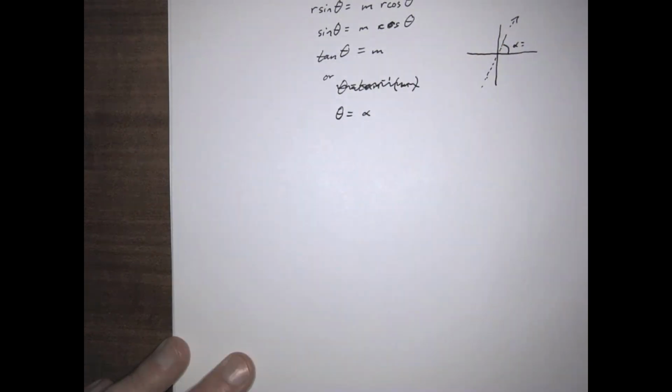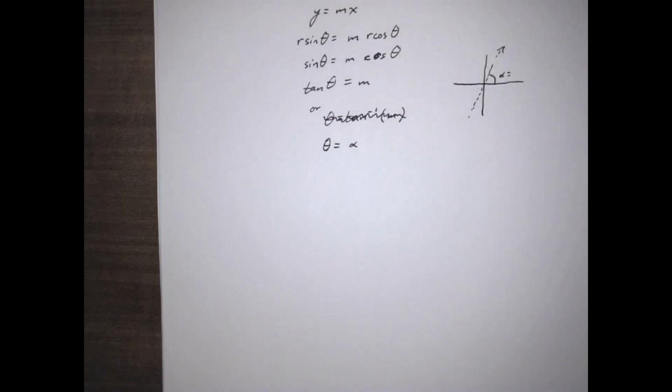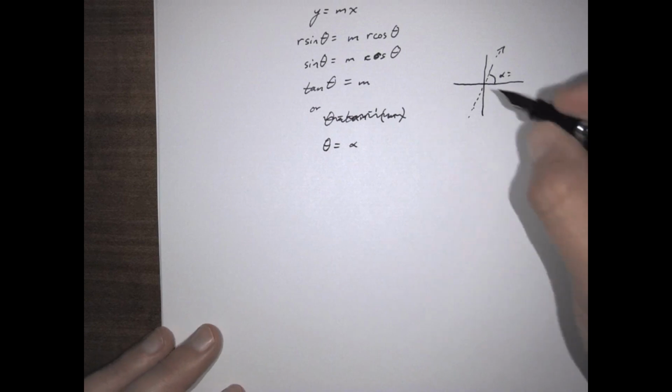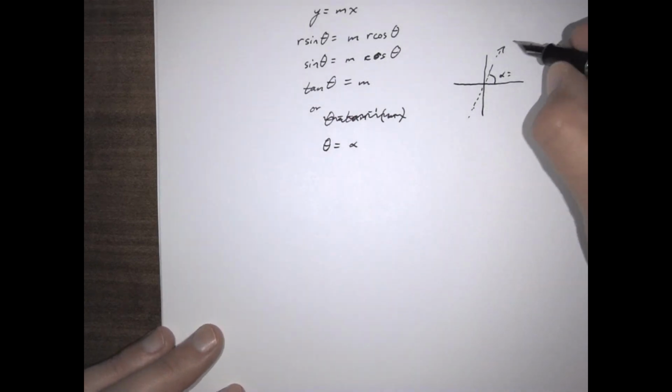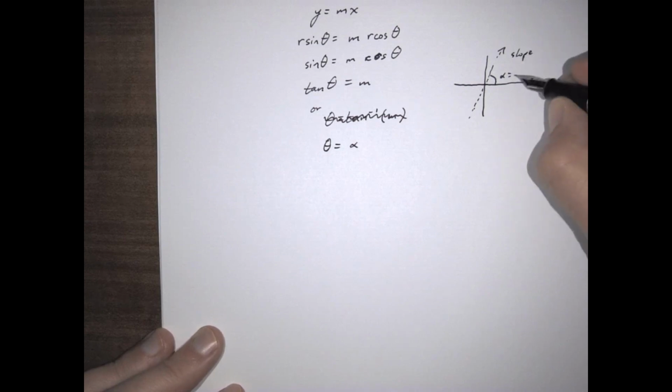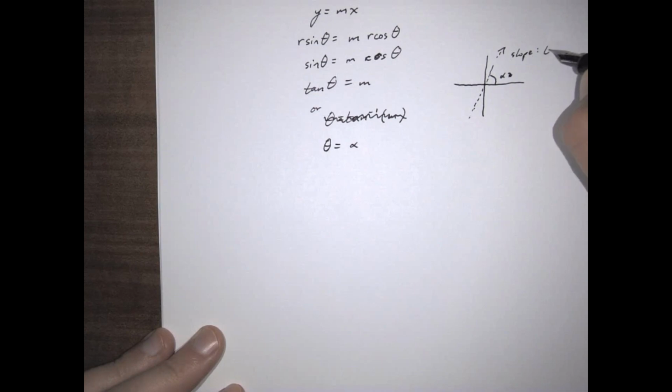Actually, here the easiest thing would be not to write it in terms of inverse tangent, because that gets a little tricky depending on the quadrants. This would be the easiest way. And then the slope would be the tangent of alpha.